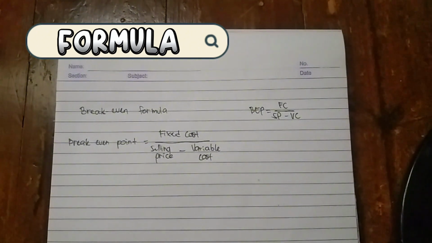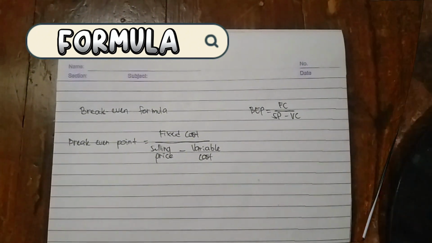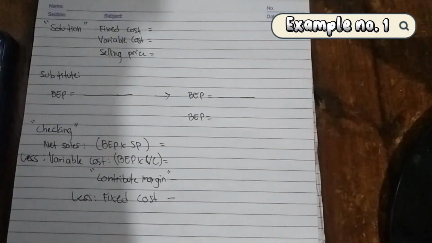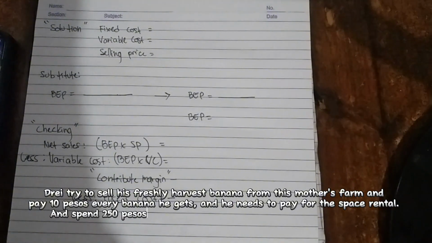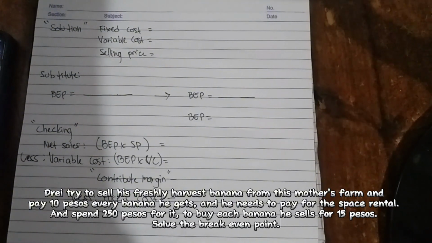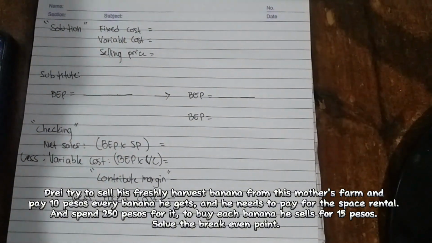Let's have the first problem. Dre tries to sell his freshly harvested bananas from his mom's farm and pays his mom 10 pesos for each banana he gets, and he needs to pay for the space rental and spend 250 pesos for it. To sell each banana, he sells for 15 pesos each. Solve for the break-even.